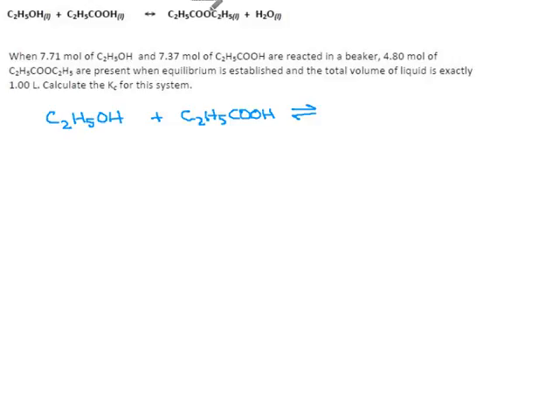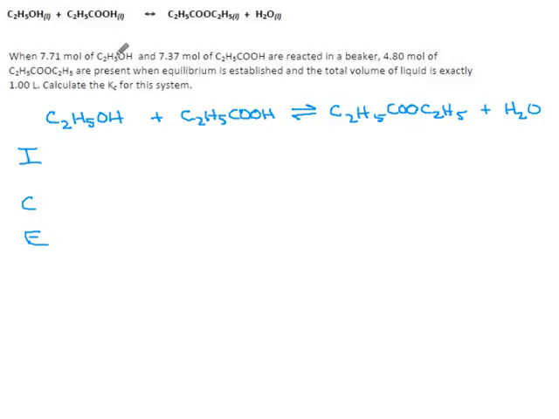C2H5COO C2H5, that's ethyl propanoate, and water. I haven't looked at the question yet, I'm just automatically setting this up because I can see there are a lot of numbers getting thrown around here and we need somewhere to organize them or they will overwhelm us.